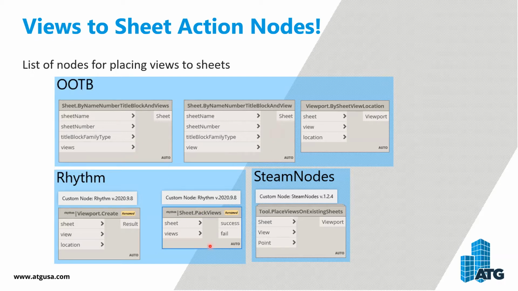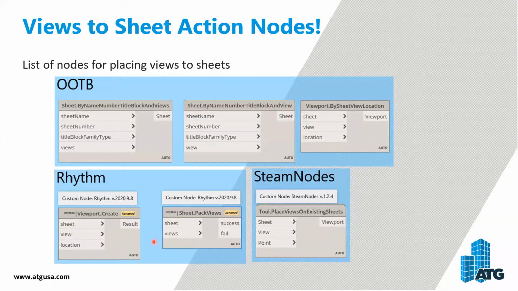The Sheet.PackViews node does almost a similar thing to these out-of-the-box nodes. The one thing this one will do is let you know if a view did not work out on the sheet. If it did not fit, it will display that view for you to see. There's also a Steam Nodes node here that will allow you to place viewports on a sheet.